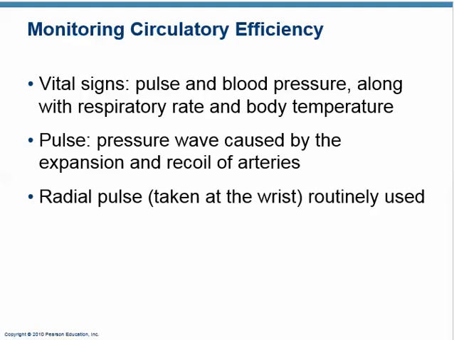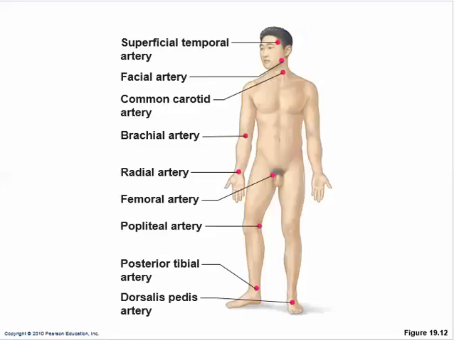You can take a pulse on any elastic artery. We normally take it on the radial artery because of the convenience, and because it really has very few places to be blocked from the subclavian. You can take it on the superficial temporal, the facial, the common carotid. Oftentimes we do check the common carotid artery.